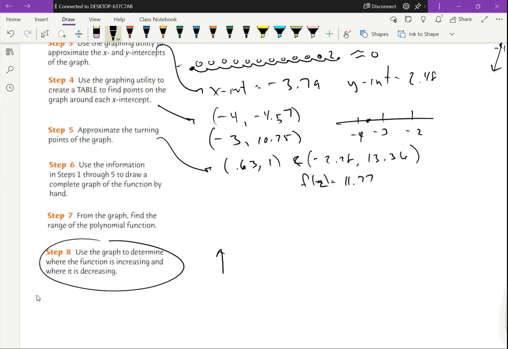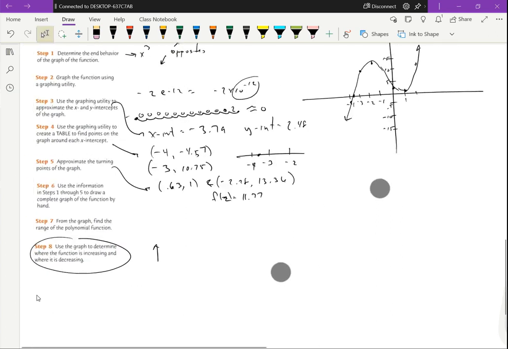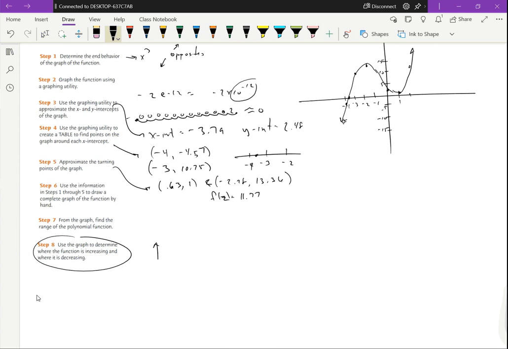So when are we increasing? We're increasing between this area from negative infinity up to this turning point. And that turning point, where do we have our turning points in there? That was the max and the min.